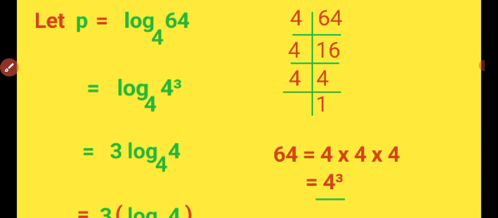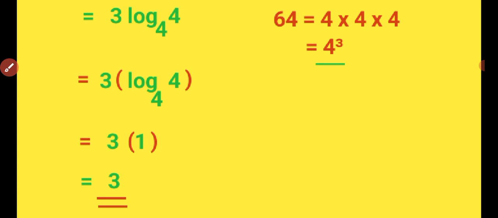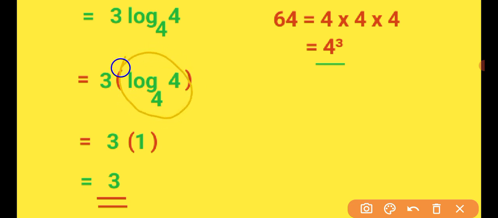So now in the next step we can see that log to base 4 of 4 is the same as 1. So now we multiply the 3 outside by 1 inside to open the bracket. So now our answer will be 3. So that is the answer for that number.